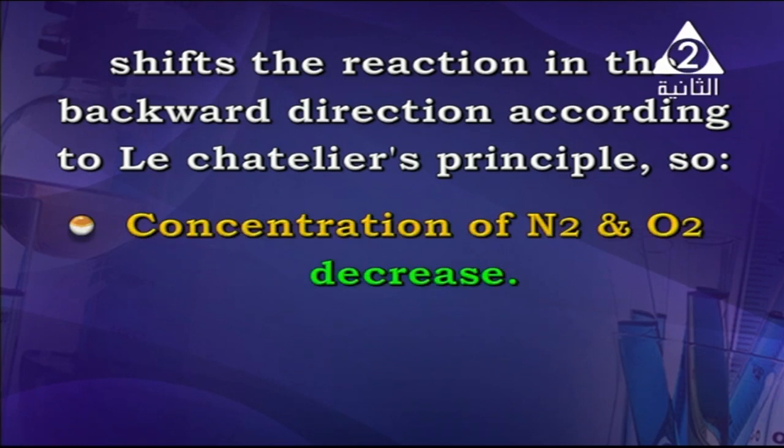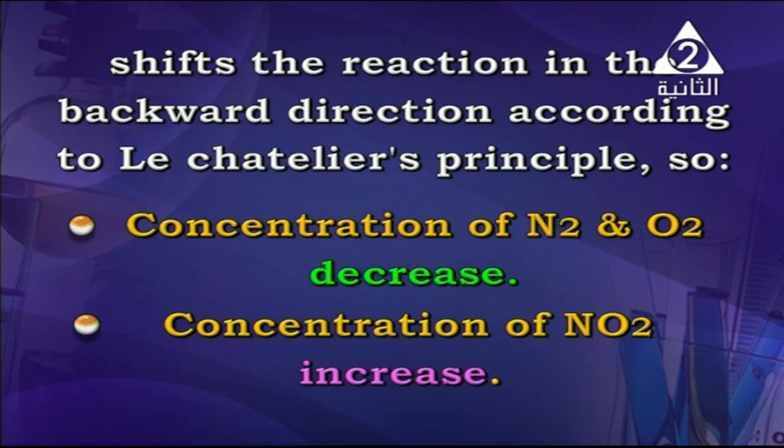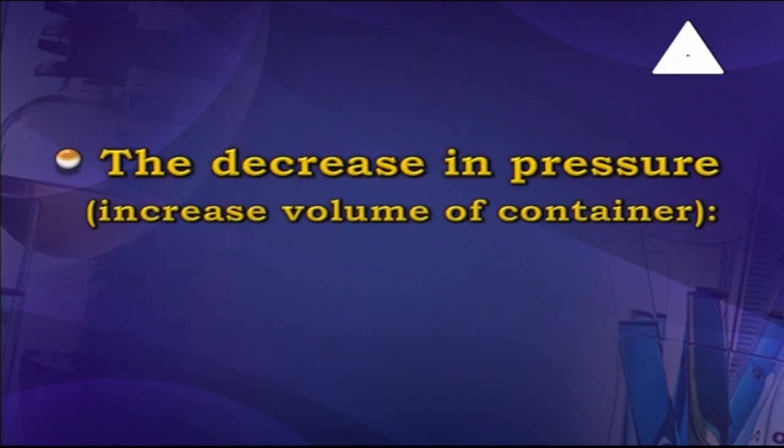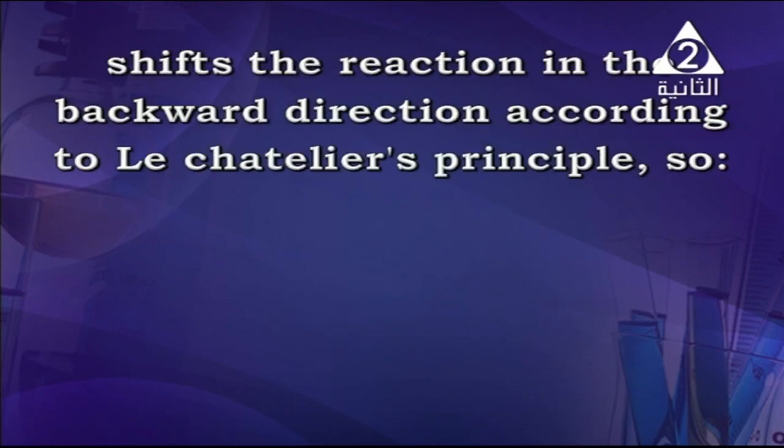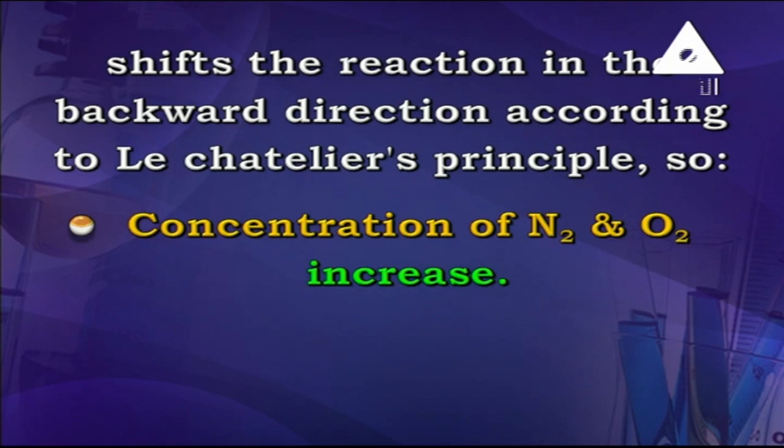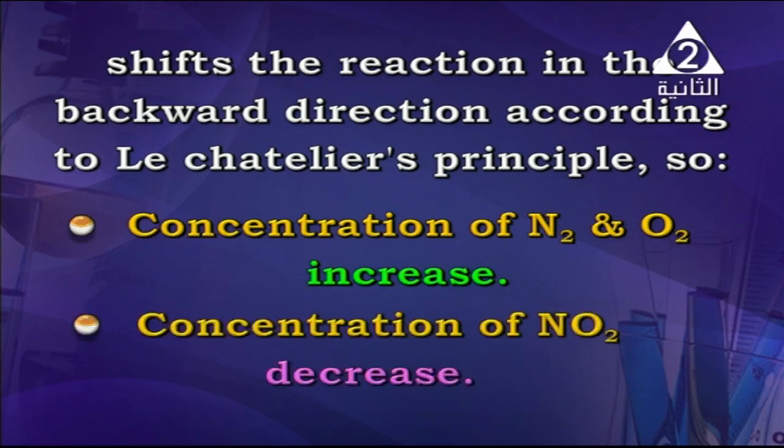So the concentration of nitrogen and oxygen gas decreases and the concentration of nitrogen dioxide gas increases. And the decrease in pressure, increase the volume of container, shifts the reaction in the backward direction according to Le Chatelier principle. So the concentration of nitrogen and oxygen increase and the concentration of nitrogen dioxide gas decreases.